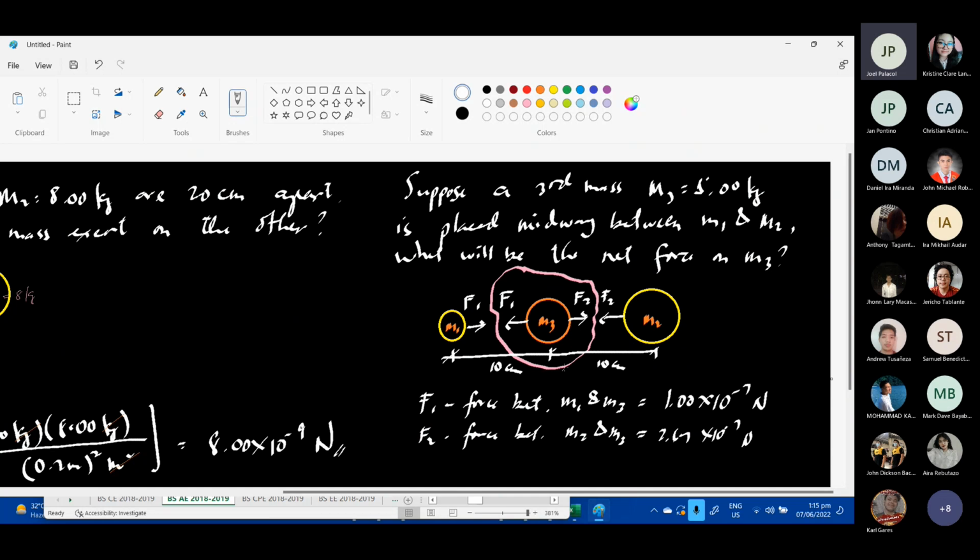But mind you, forces are vector quantities, right? So F1 here is in the negative direction. Okay? It is directed to the left.